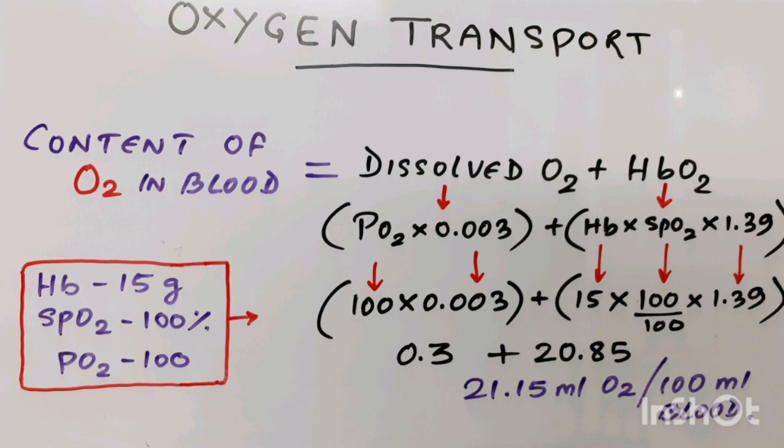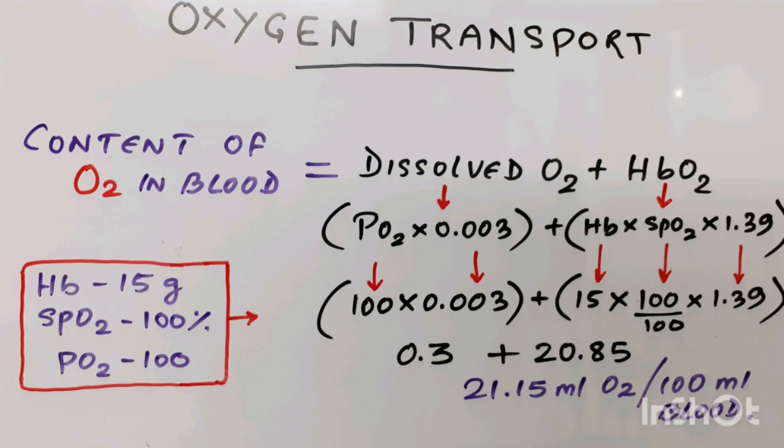Now, the oxygen content of a given volume of blood is the total of dissolved oxygen plus oxygen bound to hemoglobin as oxyhemoglobin. We know that for each millimeter mercury partial pressure of oxygen, 0.003 milliliter gets dissolved in plasma.